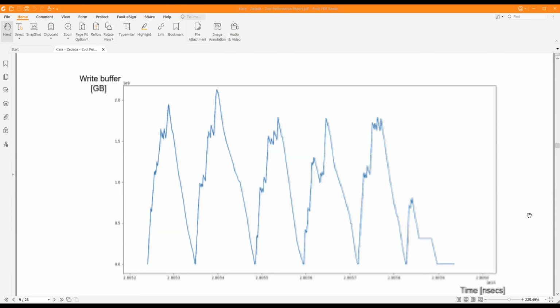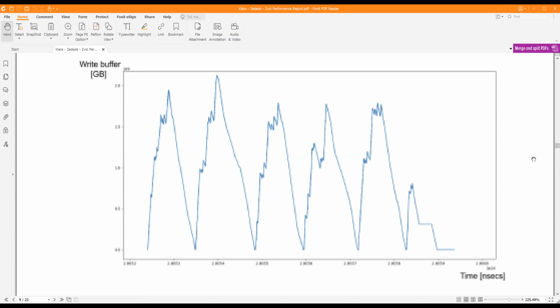I think I have another graph here somewhere. Okay, it's a little blurry, but this is what we saw: the dirty data and the buffer looking like 0.